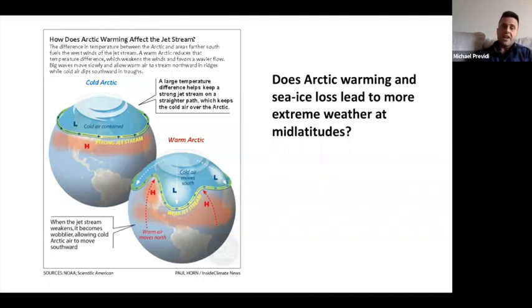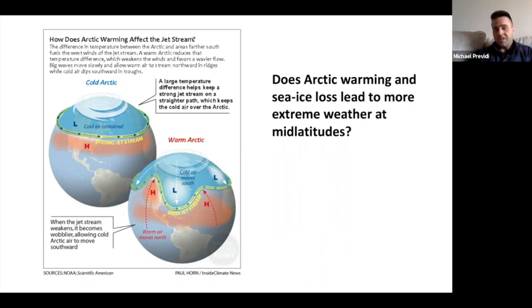One implication is that the jet stream is what steers the weather systems that affect our weather at mid-latitudes, so the high and low pressure systems that propagate from west to east are steered by the jet stream. And as the jet stream weakens, that steering gets weaker. The idea is that those weather systems would tend to stay over a given region for longer periods of time.